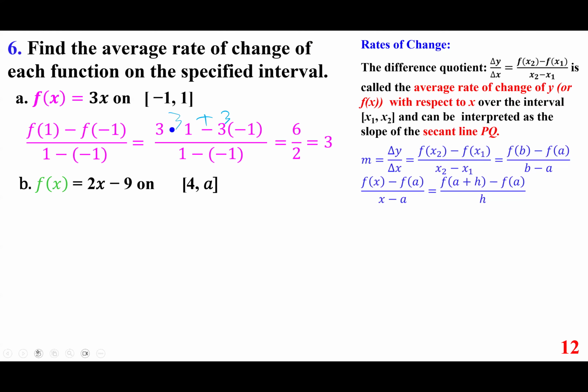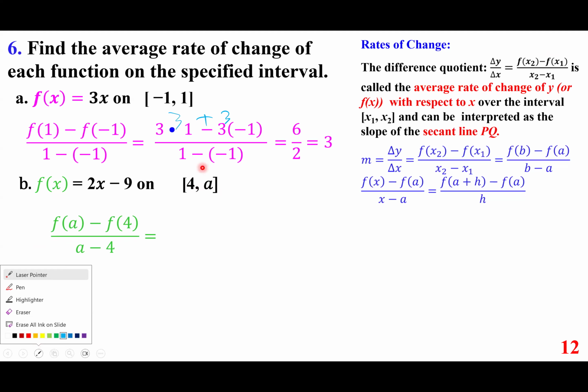So in this case, we have a different function, 2x minus 9, and we're going to go from 4 to a. So according to that, f of x sub 2 minus f of x sub 1. So we want f of a minus f of 4 over x sub 2 minus x sub 1, a minus 4. Please understand, this doesn't mean that you're dealing with a pair 4 comma a.